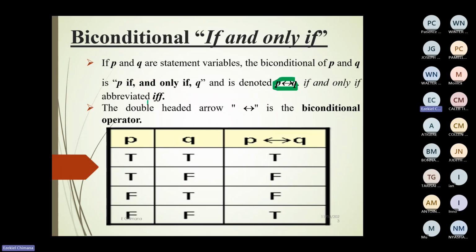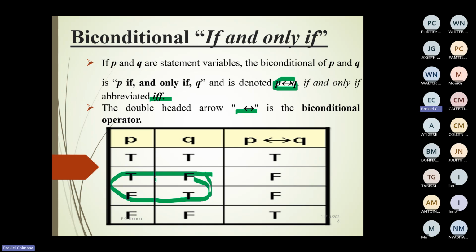It can be abbreviated as IFF, which is if and only if. The double-headed arrow is the biconditional operator. Normally, if you look at this one, it is only false whenever you have different input values.